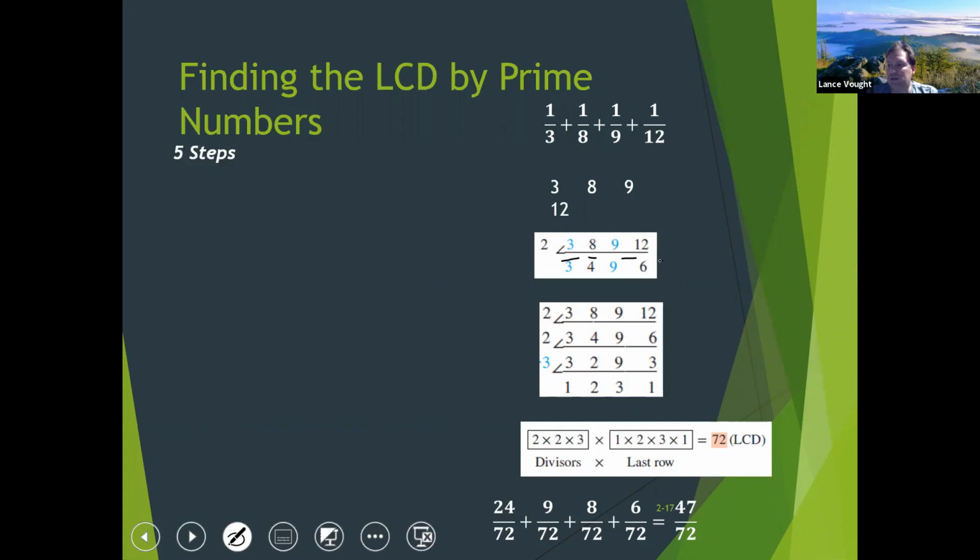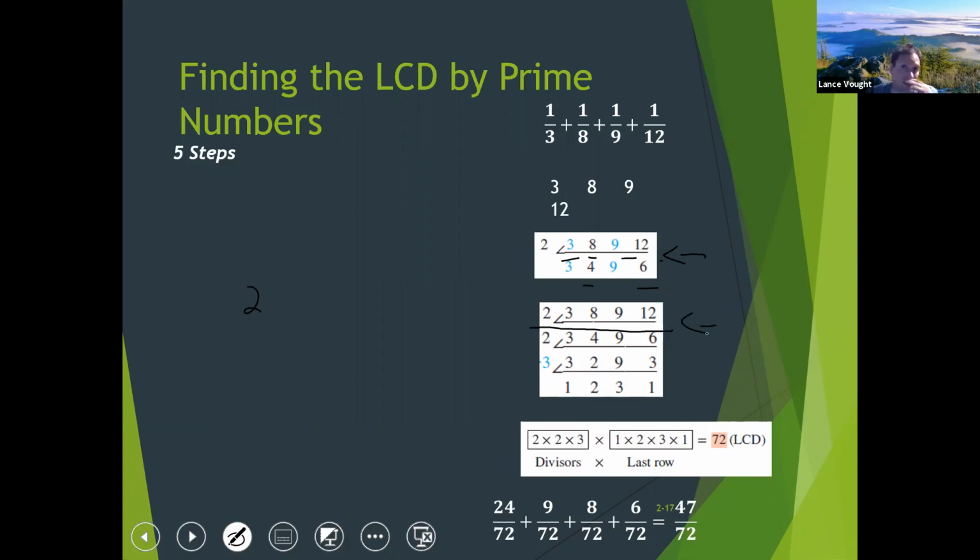Because I can divide this by 2 and divide this by 2, I get 4 and 6. So here I get a 2. This first line is equivalent to this. These are the same. But now I have 3, 4, 9, and 6.